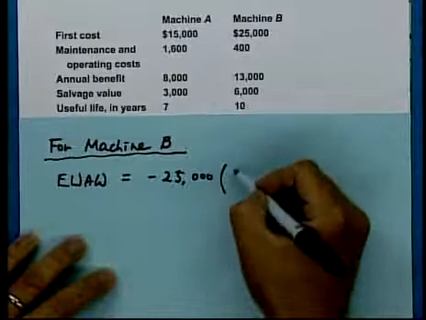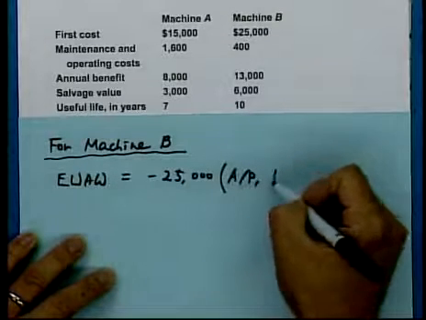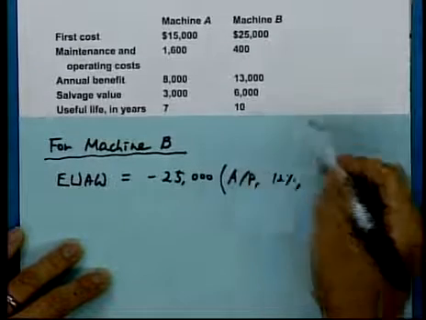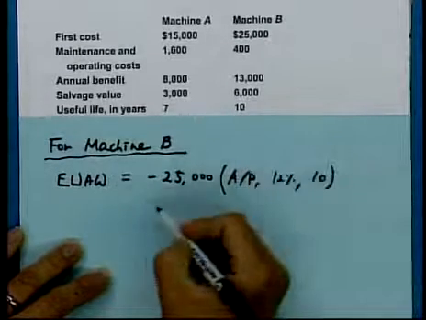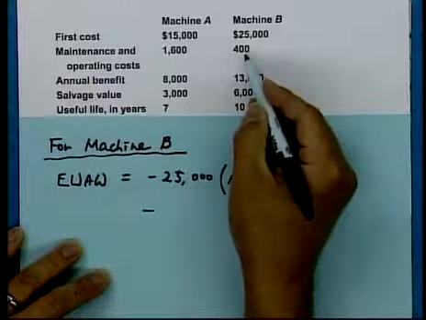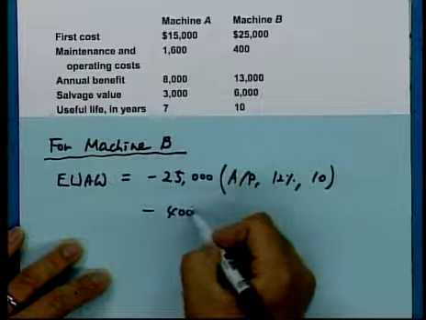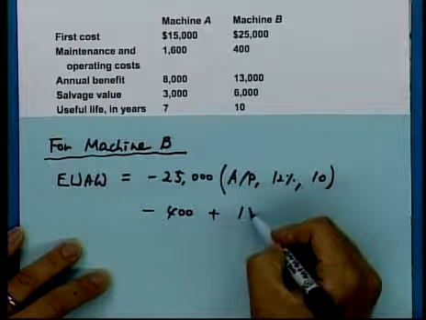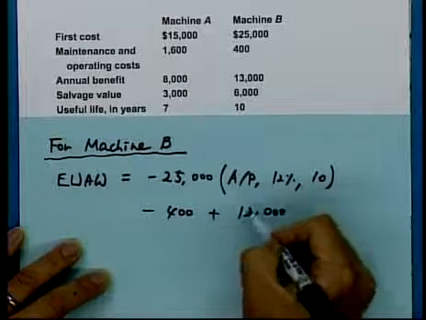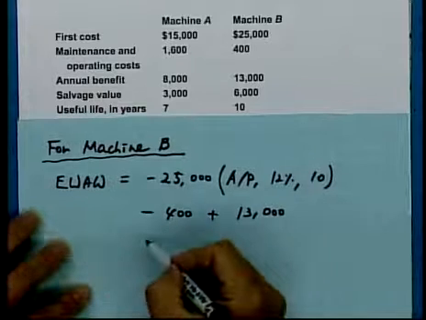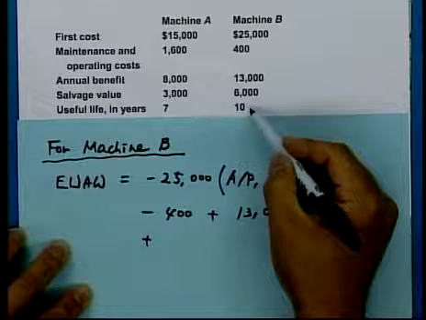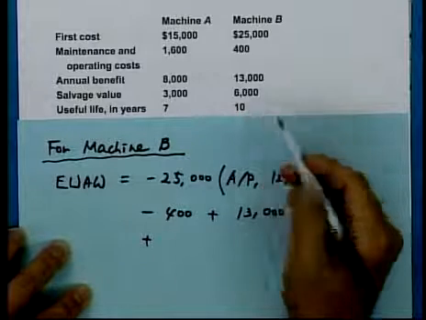So you need to multiply by A given P, 12% over its useful life of 10 years, minus annual maintenance and operating cost of $400, and plus annual benefit of $13,000. And also consider the salvage value at the end of its useful life, which is 10 years.